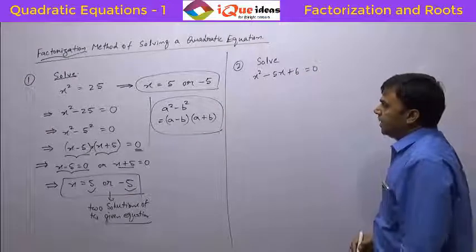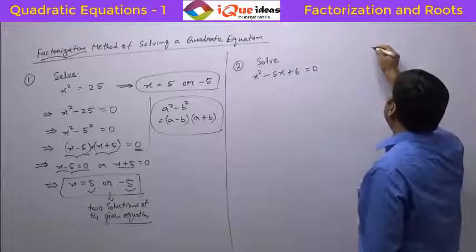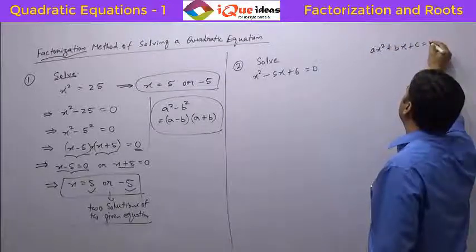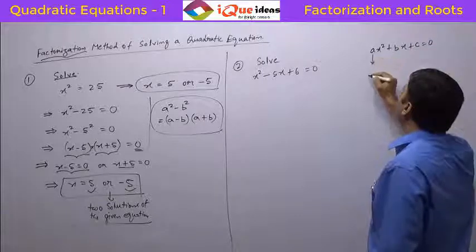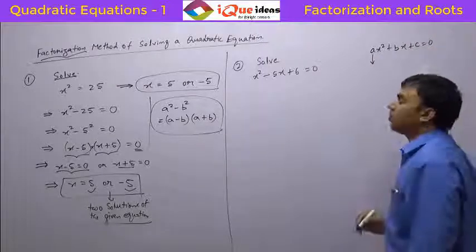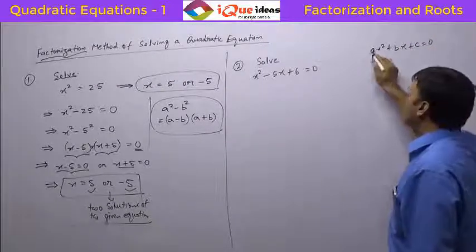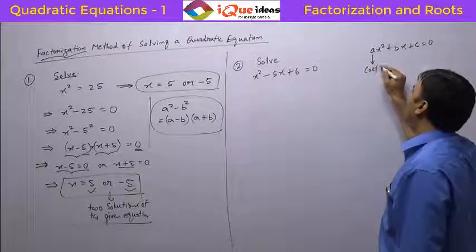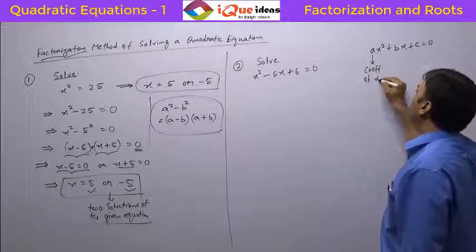Right? Now, when we say the general form ax square plus bx plus c equal to 0, here a, b and c are the constant terms. This a is the number that is being multiplied to x square, so a is called the coefficient of x square.